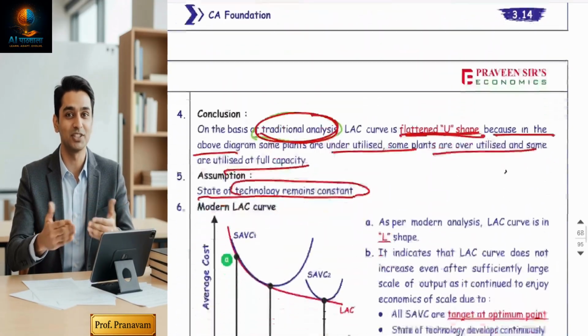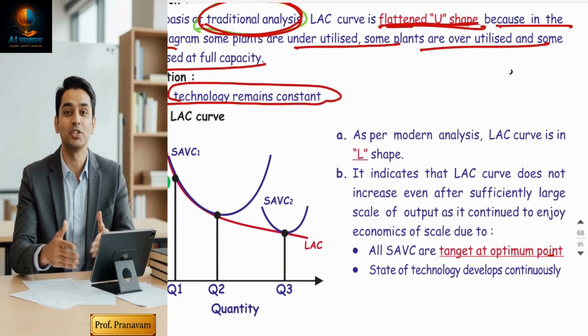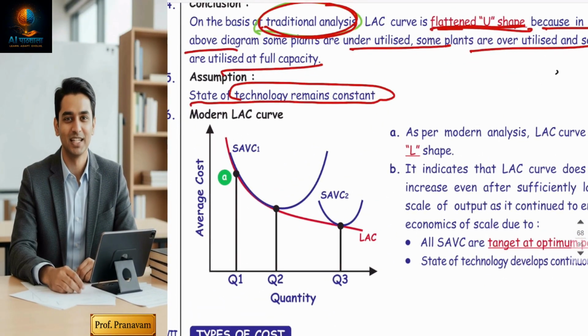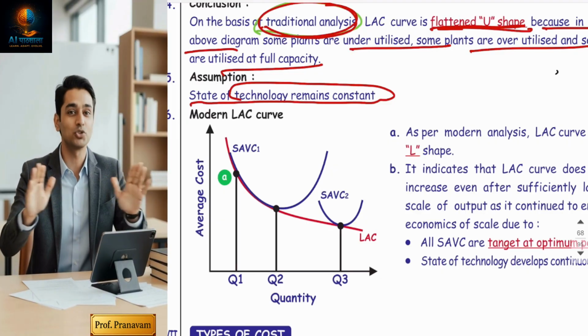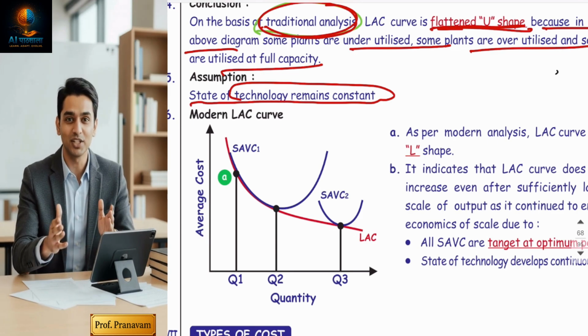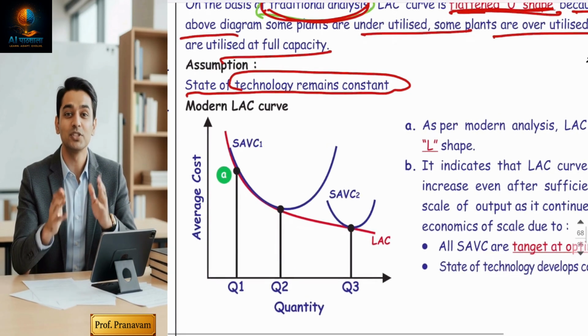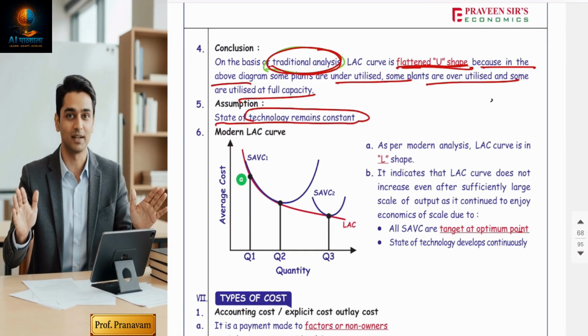So modern economists have given a new theory. When you criticize any theory, saying this theory is wrong, then you also have to say what is right. So modern economists said that as per modern economics, the LAVC curve is not U shaped, it is L shaped. Friend, it has been derived from that only.